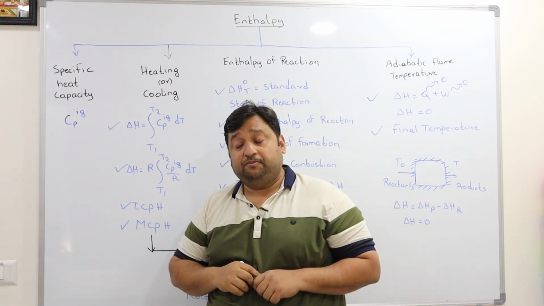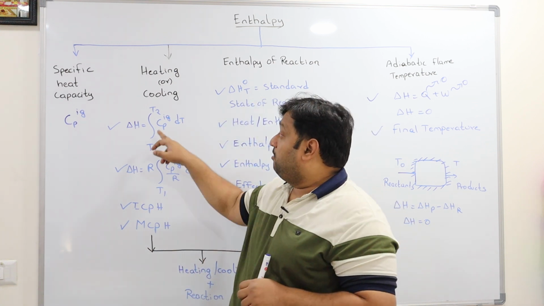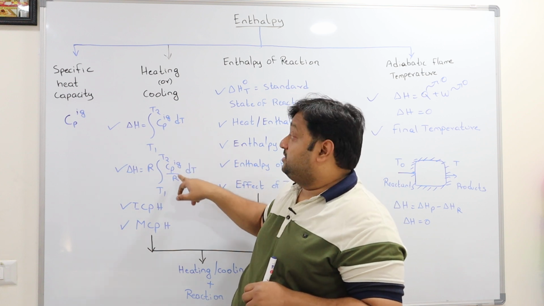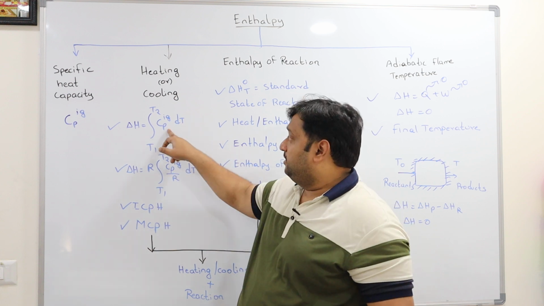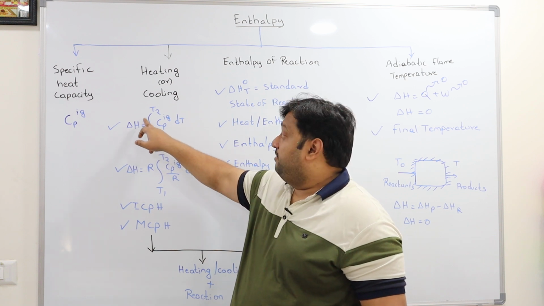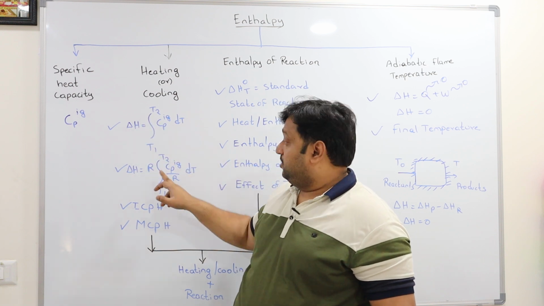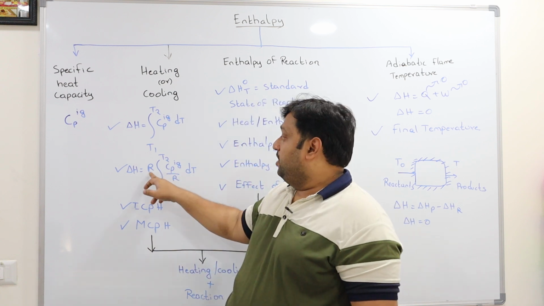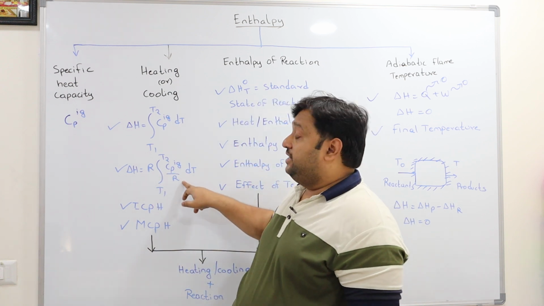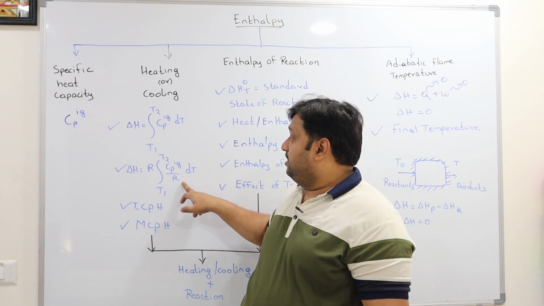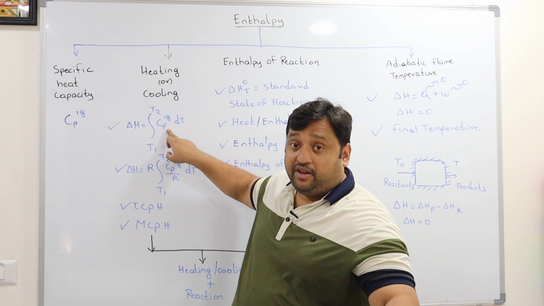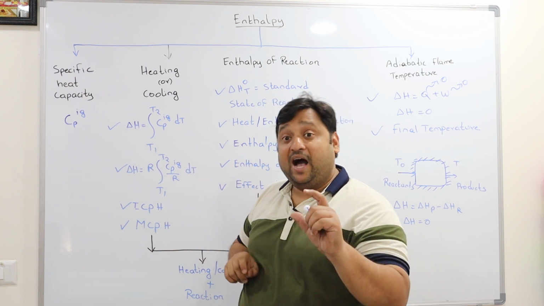But in the textbook, you will often see the term CPIG by R instead of CP. It's simple. The equation is the same, divide and multiply with R. Because R is the universal gas constant, you can take 1 R to the inside of the integral. Normally in the textbooks, CP is not given, CPIG by R is given.